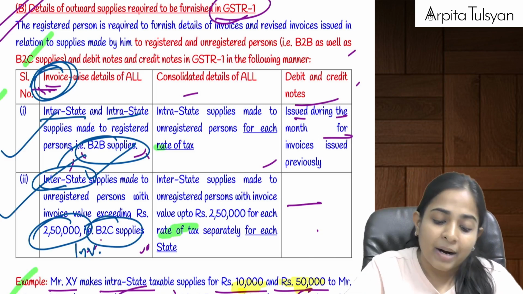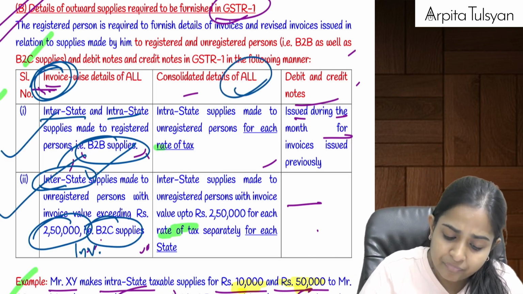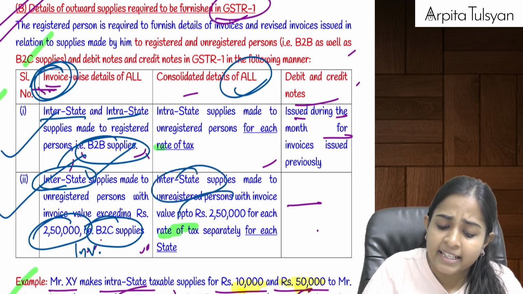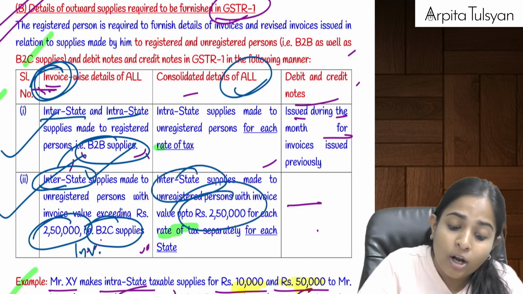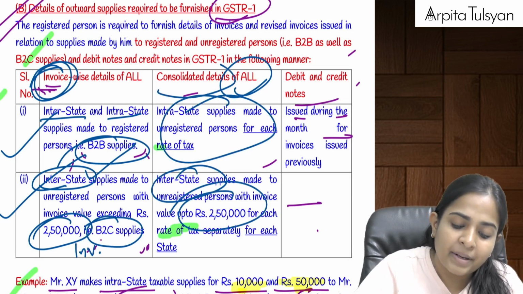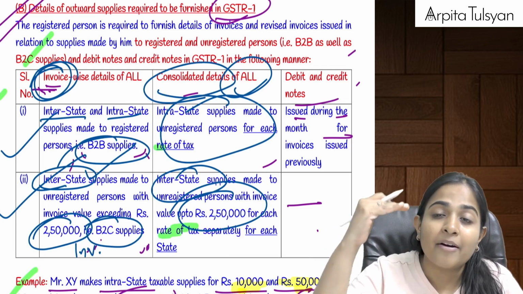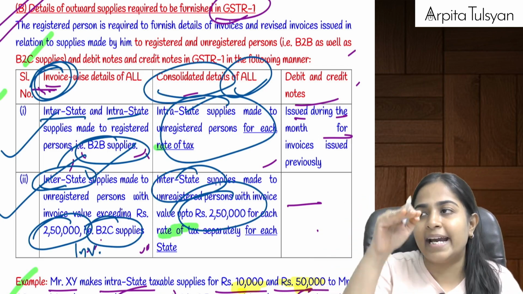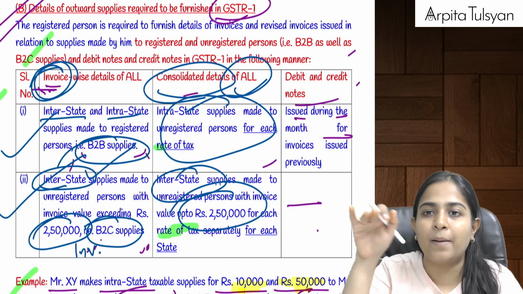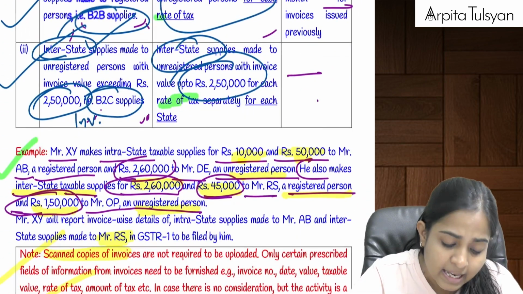For all the other cases, that is B2C interstate small invoices or B2C intrastate invoices, even if you submit the consolidated details, rate wise, rate of tax wise, 18%, this much is the total amount, 12%, this much is the total, that information is sufficient.